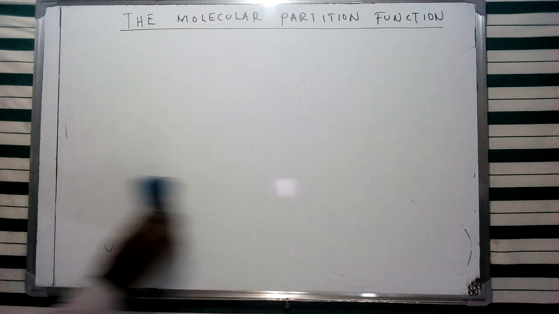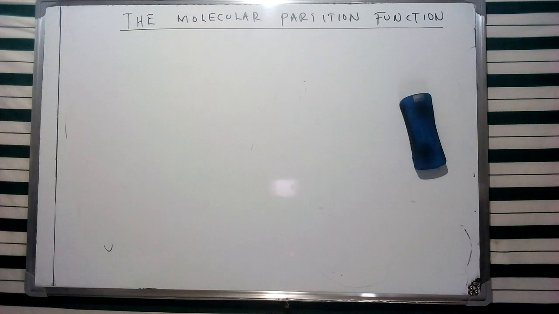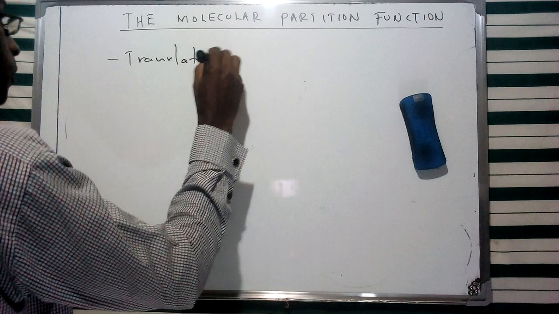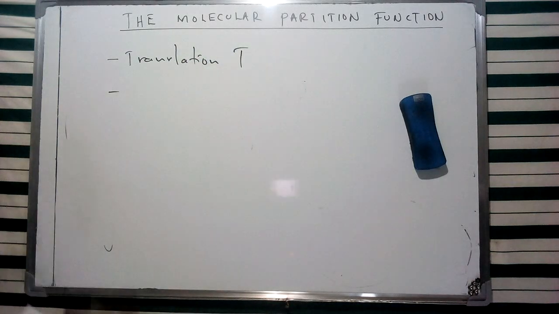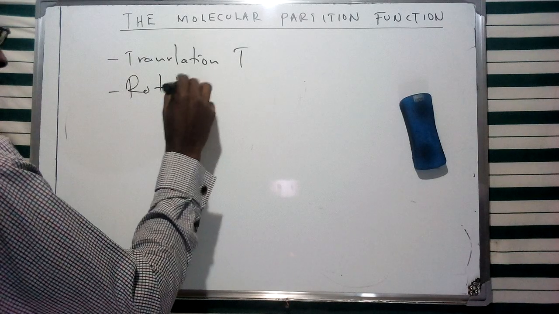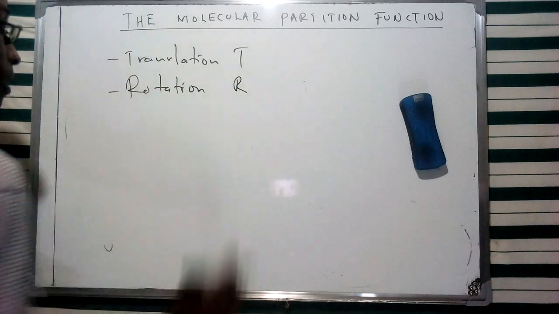So we said that the molecules or atoms of an ideal gas are going to have different types of motion. The first one we mentioned was translation, which we can give in terms of T. Then we said that we can describe the rotation aspect, or state, of this specific atom.